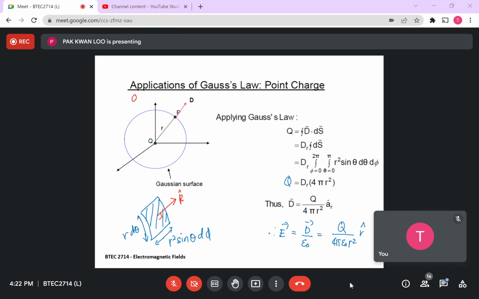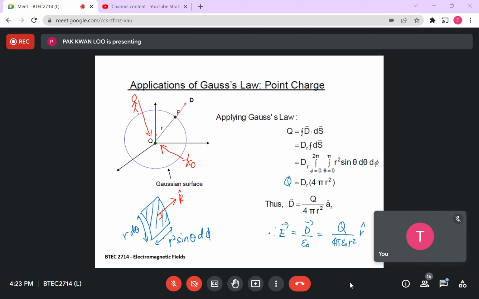It doesn't change, right? Because it's symmetric. So regardless of where you stand on this spherical surface, and where your point of observation is, the charge distribution remains the same, and therefore this implies symmetry.